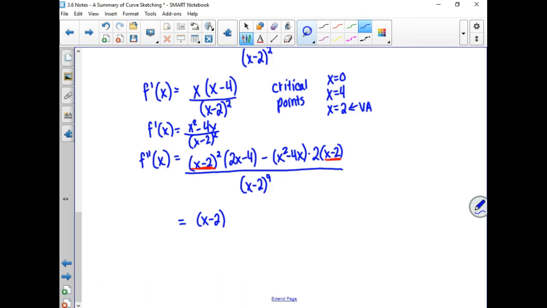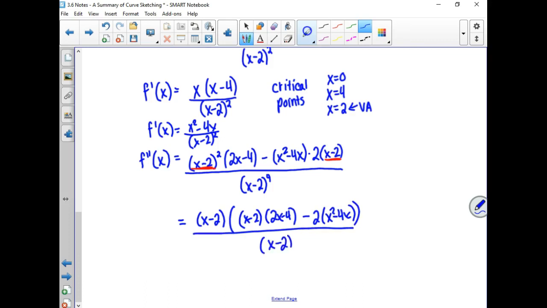So you got x minus 2 factored out. That leaves you with x minus 2 times 2x minus 4 for that first term. And then you'll just have minus 2 times x squared minus 4x for that second term, all over x minus 2 to the 4th power.